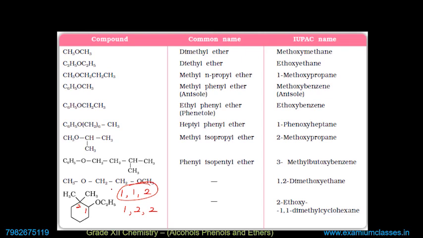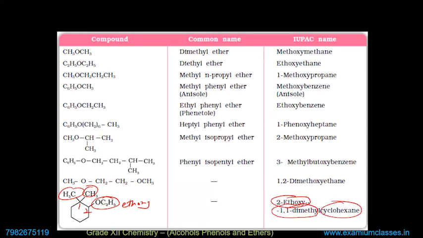This one is smaller. So I have to consider this as 1, this as 2. And then you need to arrange in alphabetical order. It is ethoxy. These are methyl. E comes before, so that's why 2-ethoxy-1,1-dimethylcyclohexane.